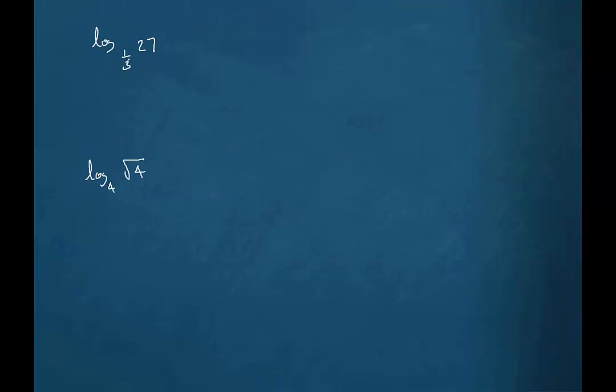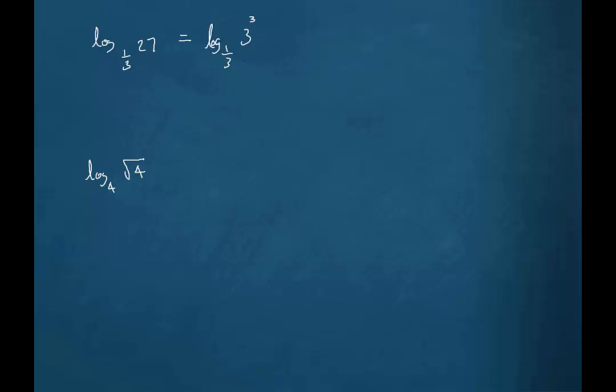So let's suppose we're asked to do the same thing. Evaluate this without a calculator. We have a 3 in the denominator here, and then 27, and 27 always makes us think of 3 cubed. So we could write this as the log base 1/3 of 3 cubed.